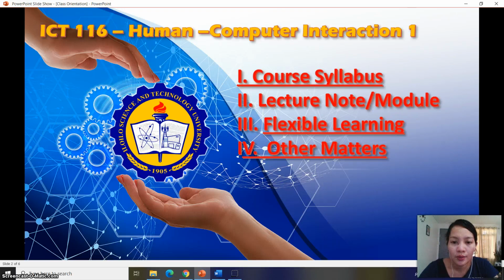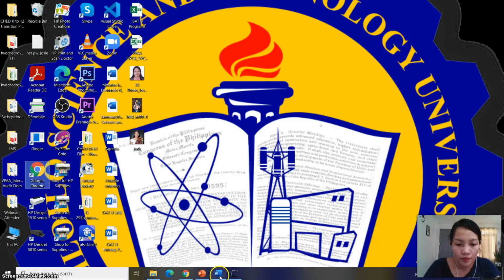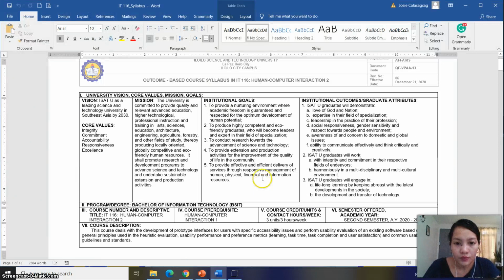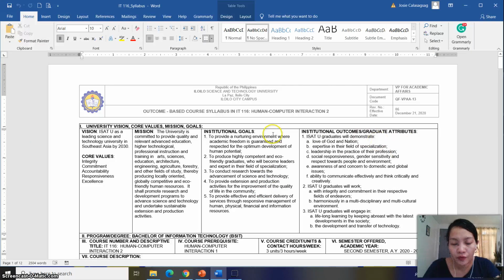So we have here the course syllabus in HCI2, lecture note or module, then flexible learning and other matters. So for the course syllabus, this would be now the new format for our course syllabus. So class, since your class standing is in third year already, I think I don't need to explain this further, it's just for your own reading about the university vision, core values, mission, and goals.